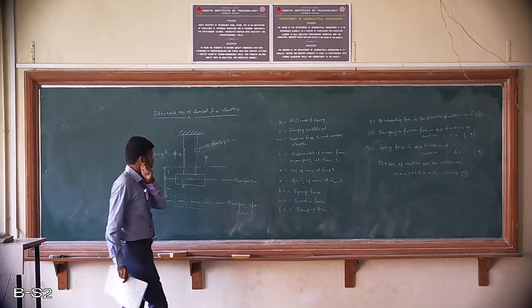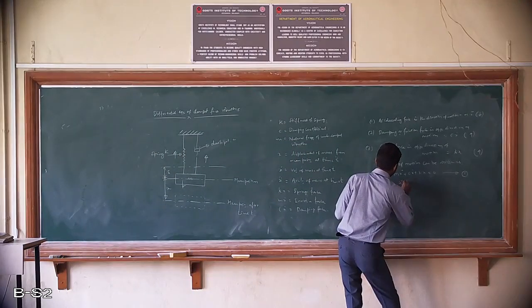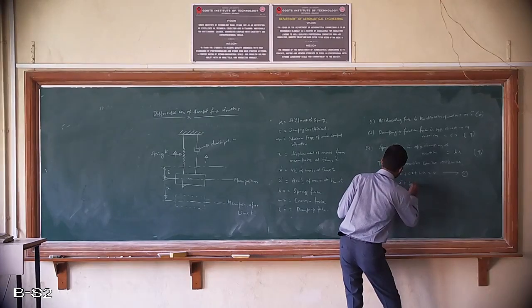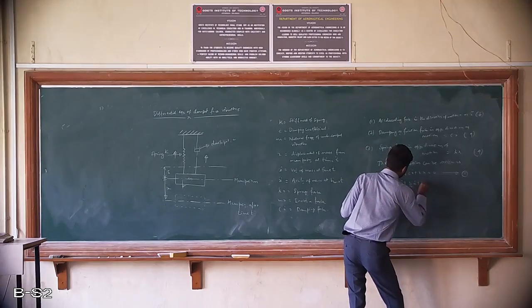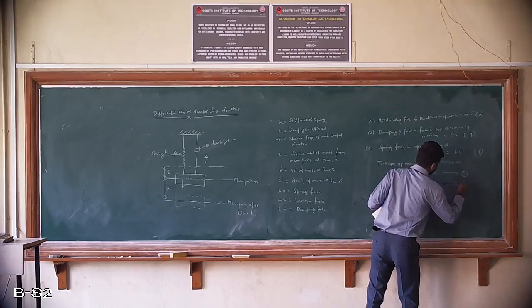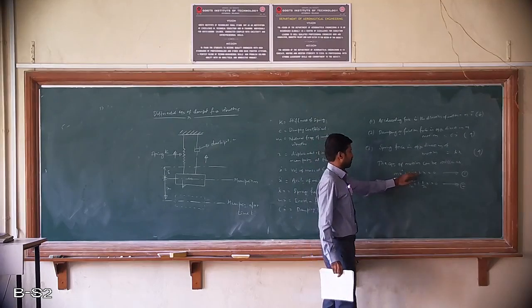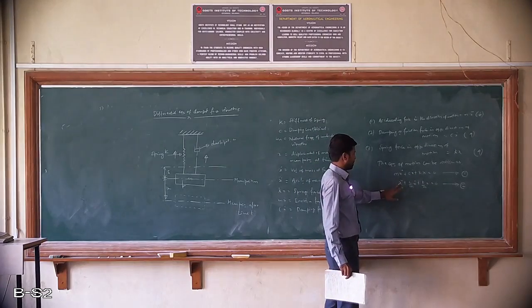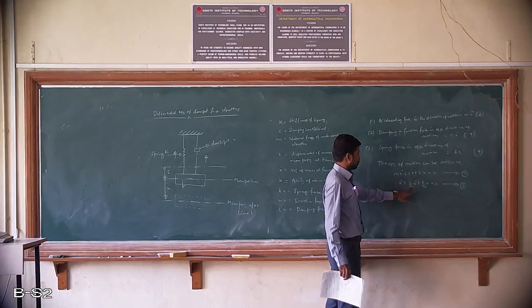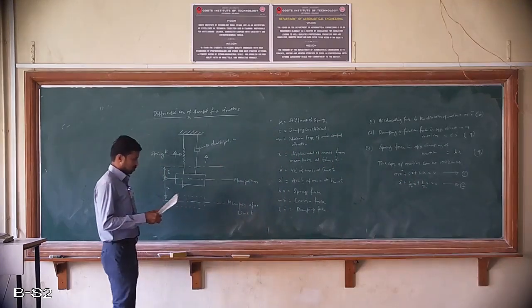This equation can also be written as x double dot plus c by m into x dot plus k by m into x is equal to 0, and I will call this as equation number 2. So what I have done is, I have divided this equation by m, so that it remains as x double dot plus c by m into x dot plus k by m into x is equal to 0.